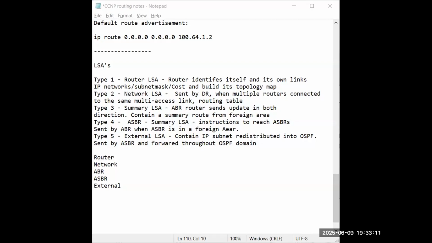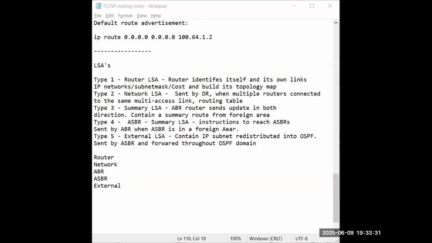Then that is sent within the area or between areas. In this way OSPF is more efficient, and more precise information is sent.